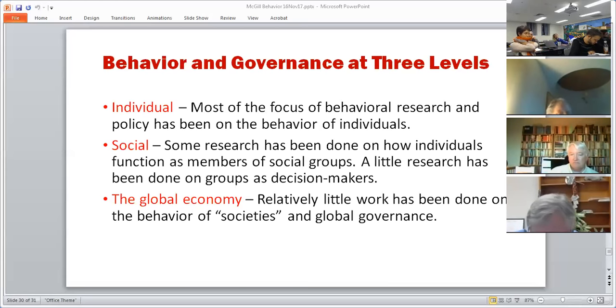The business community knew about behavioral economics a long time before economists did. Sometimes it's giving people what they want, but at other times it's creating wants that weren't there before. And is that democratic? That's a really good question.